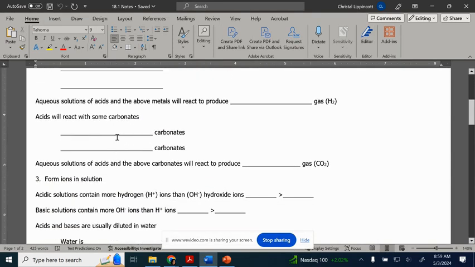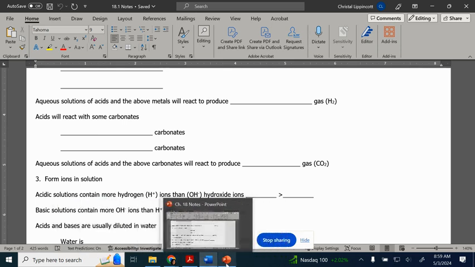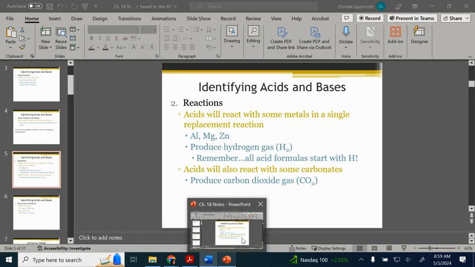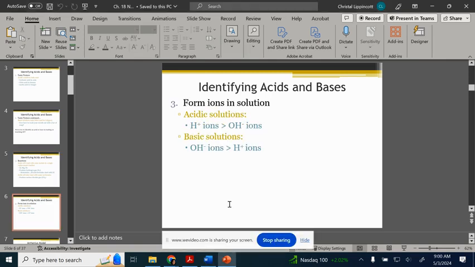Okay, so they're going to react with some carbonates, so it produces carbon dioxide gas.